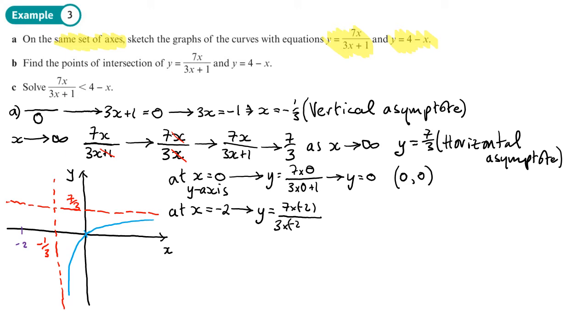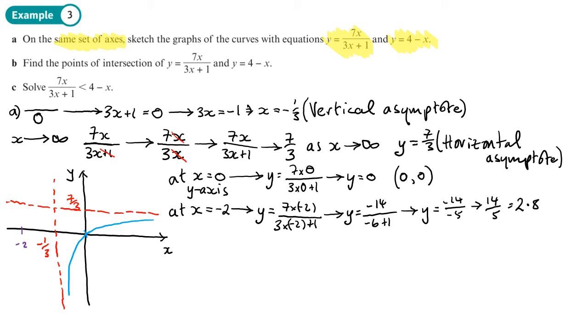So 3 times negative 2 plus 1. So what does that give me? It gives me y equals negative 14 over minus 6 plus 1. So that's negative 14 over minus 5, which is just 14 over 5. So that's going to be 2 4/5, which is 2.8.